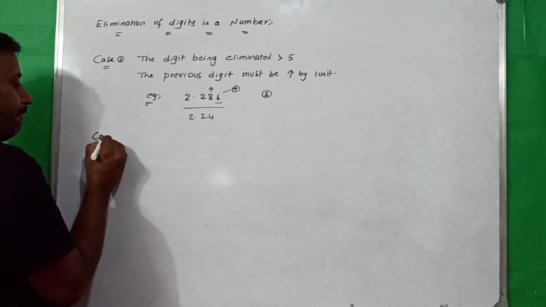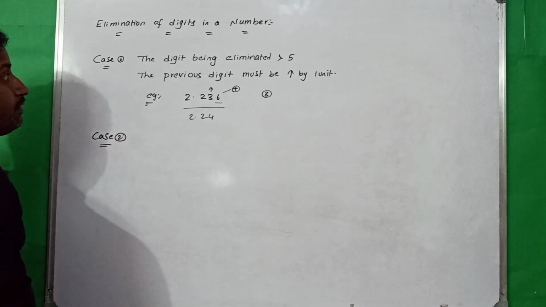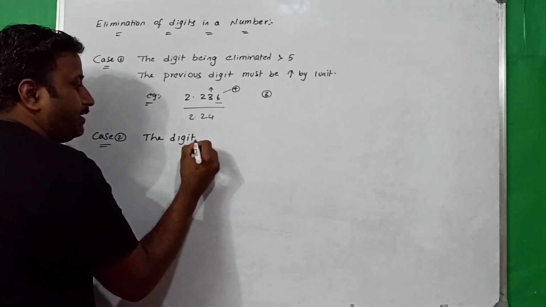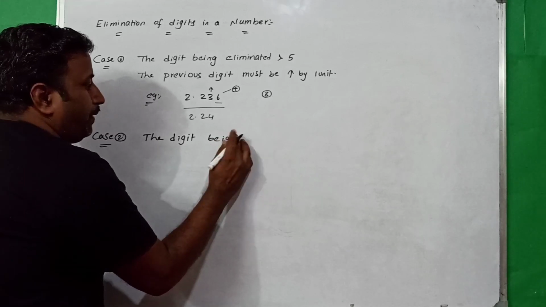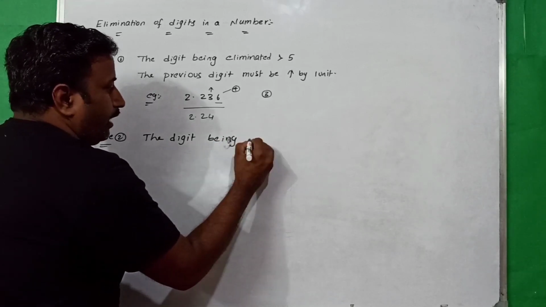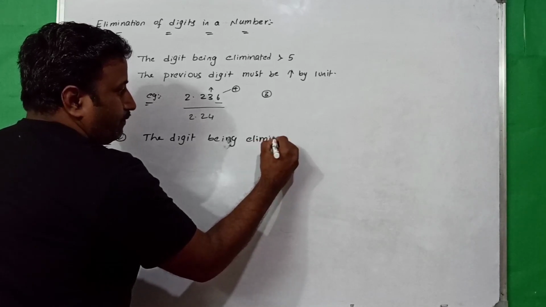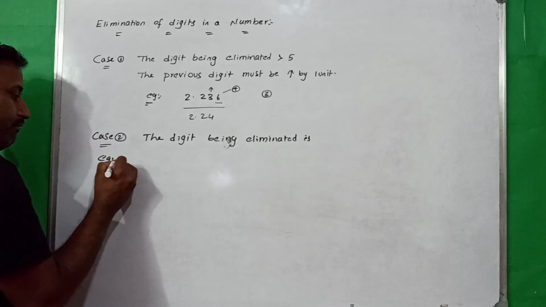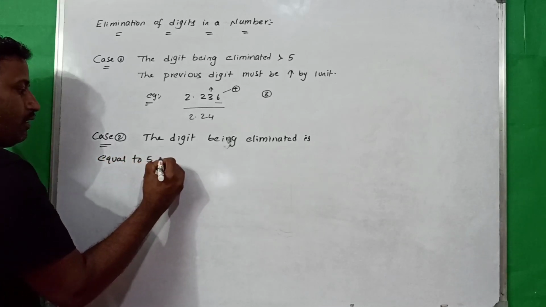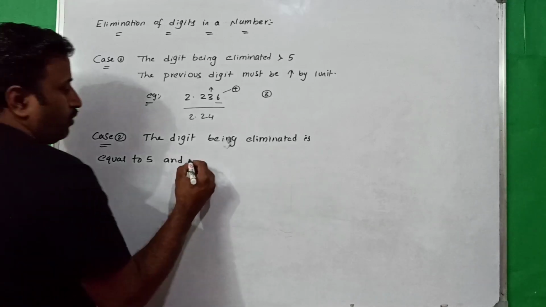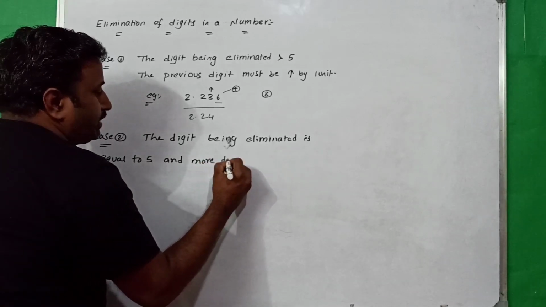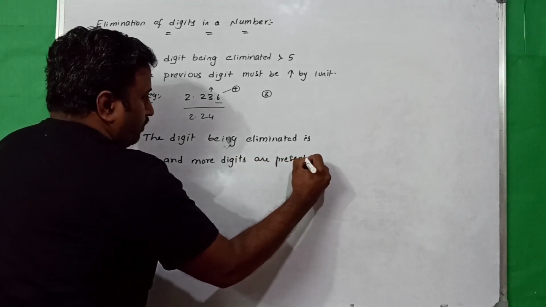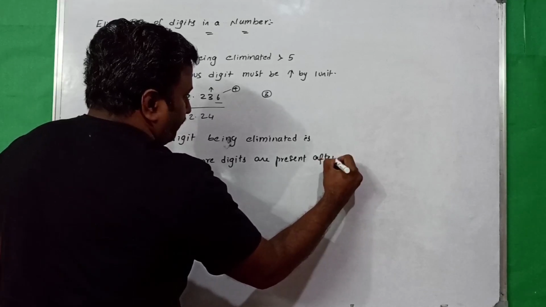Case 2. The digit being eliminated is equal to 5 and more digits are present after 5.